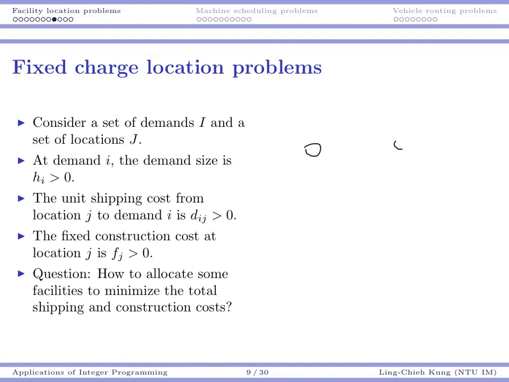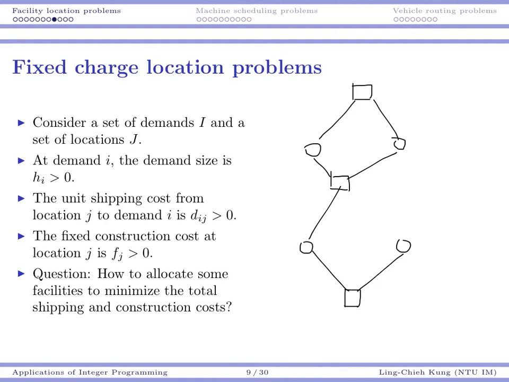Okay, so let's go back to our favorite example here. In this problem, now we don't really care about covering a demand. Covering or not does not really matter. Now we care about whether we want to assign a particular demand to a particular facility.